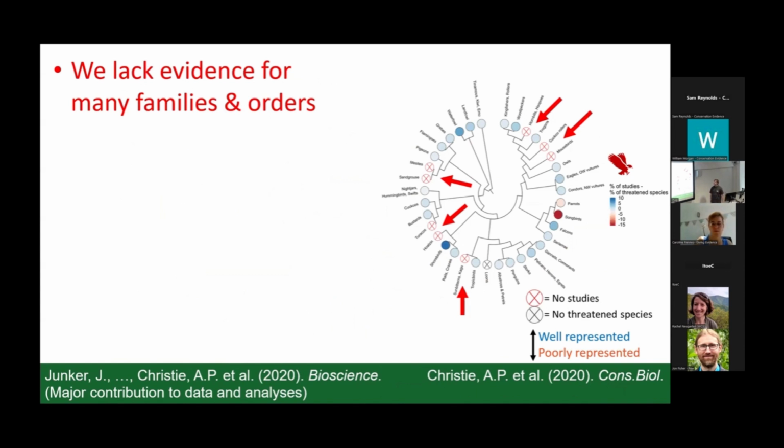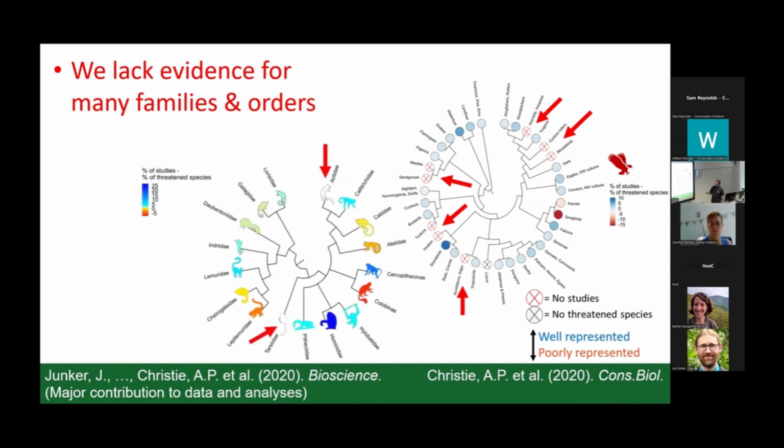So just looking at birds, in general, if there's a red arrow or an X, that's showing where a whole order or family of an animal group has got no studies at all on the effects of conservation action. So there are entire orders of birds, but we also looked at this for primates with Jesse.